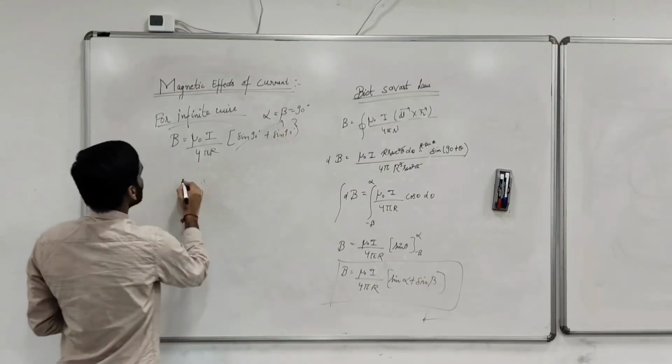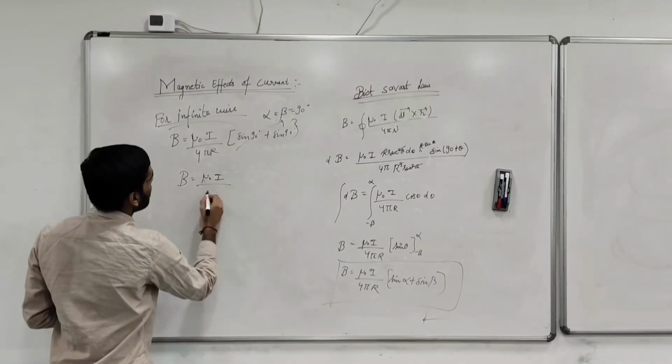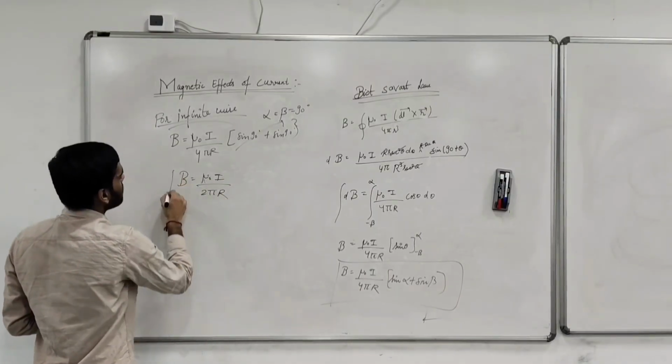This is simply 2, so the magnetic field by an infinite wire turns out to be mu naught I by 2 pi r.